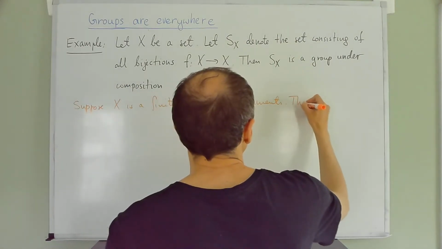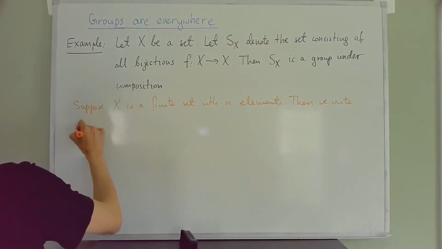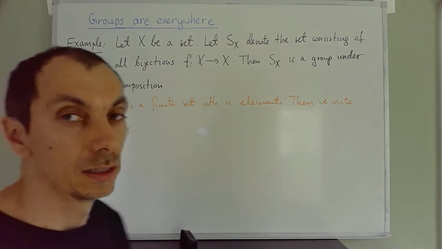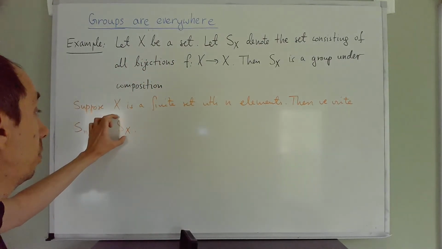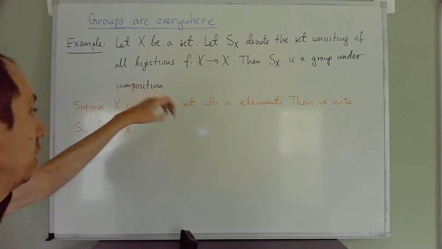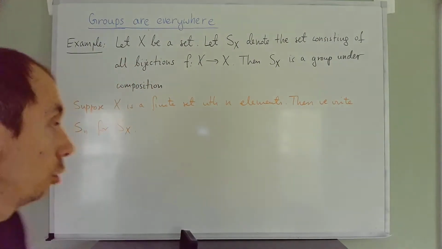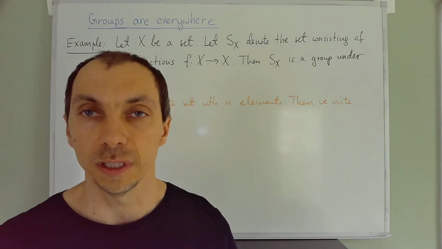Then we write Sn for SX. You might say, hold on, this depends on the set X. There could be many different finite sets with the same number of elements n, so you shouldn't use the same notation for all these different sets.